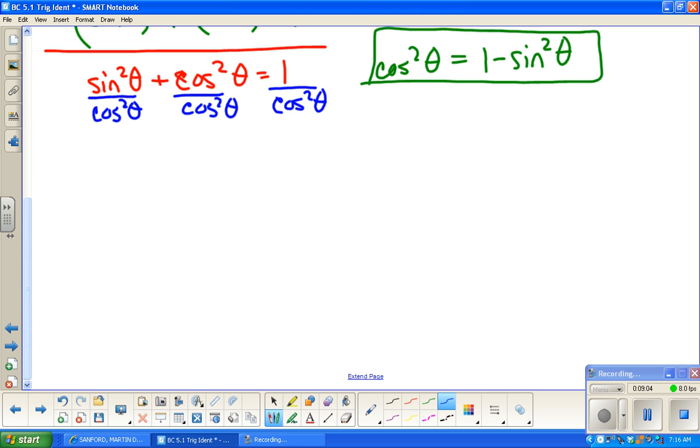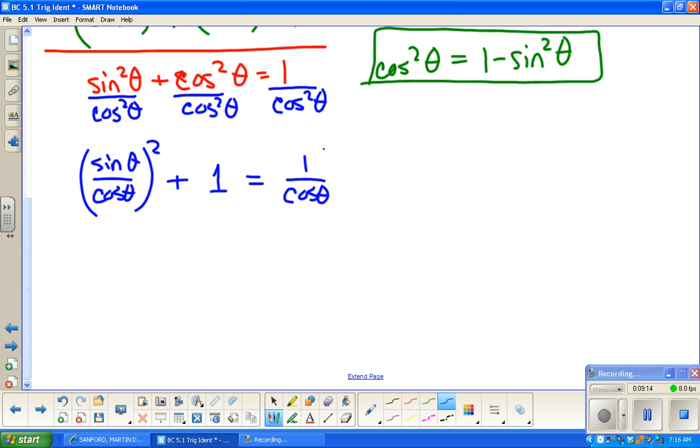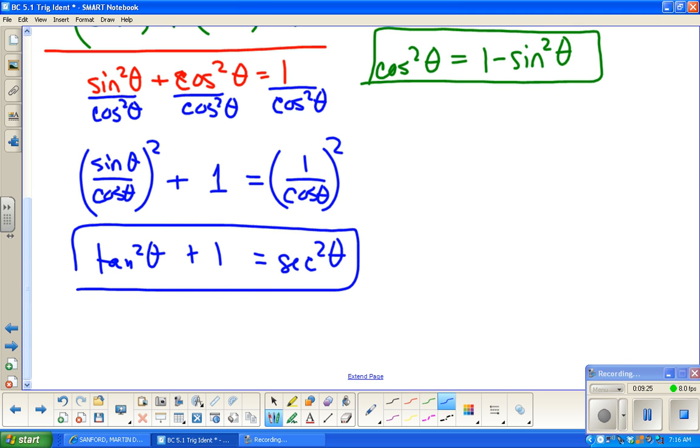So sine squared over cosine squared is the same thing as sine over cosine, the whole thing squared, plus 1 equals 1 over cosine squared. So on the right side, this is secant squared, and on the left side, this is tangent squared. This is another Pythagorean identity that we get from dividing both sides by cosine squared. Similarly, there is one more that comes up: 1 plus cotangent squared equals cosecant squared.